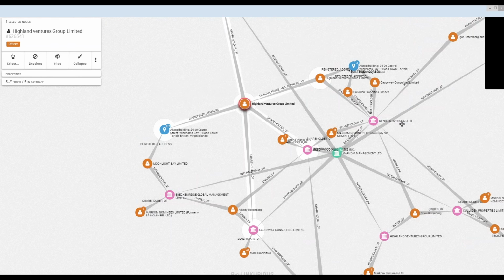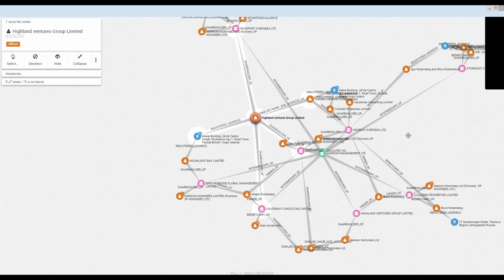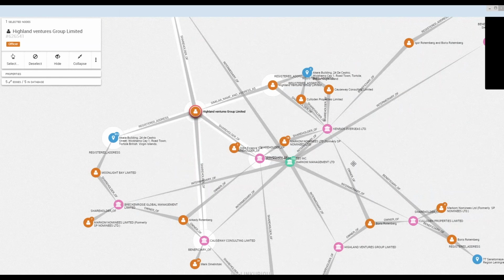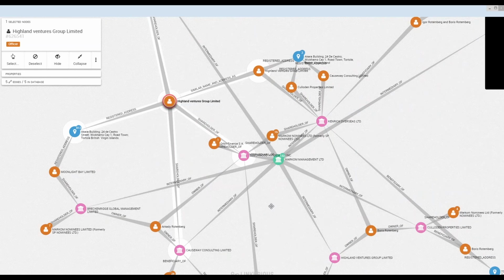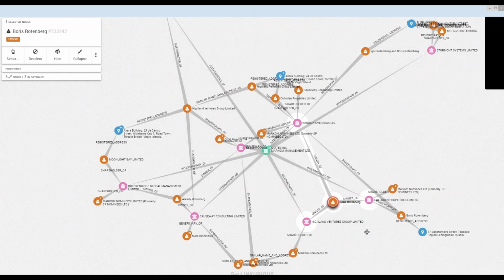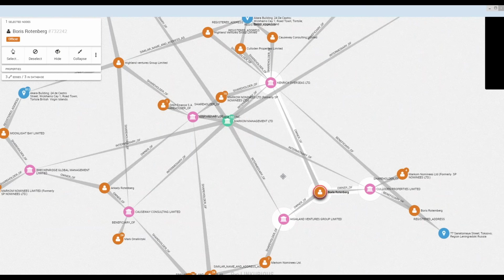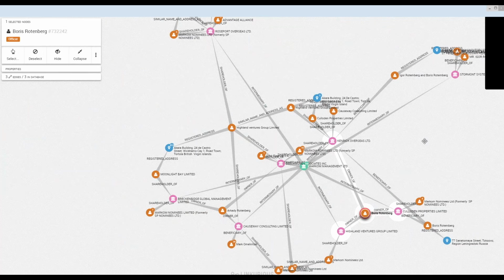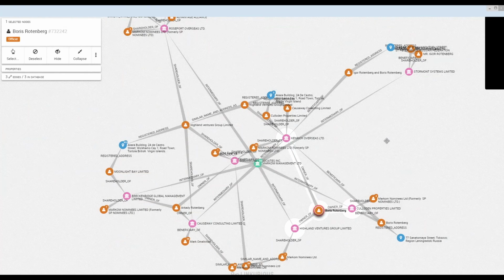So let's zoom out a little bit. We have started with this node here, which is Boris Rotenberg, a single person, but through graphical investigation of the Panama Papers data, we have identified a number of entities that are connected to Boris, including some other business associates and companies.